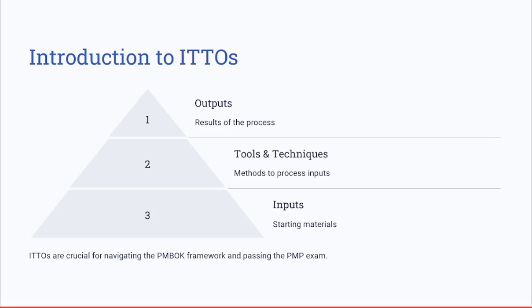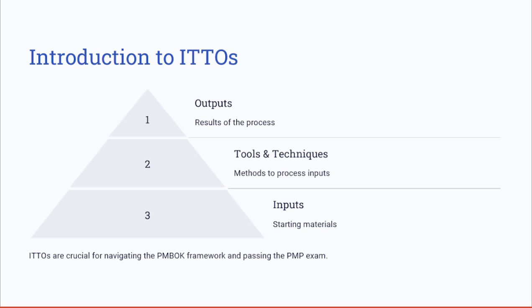Here are the key ITTOs, or the inputs, tools, techniques, and outputs. They are building blocks of PMP processes, as we've discussed earlier, and we have shown an example of what the ITTOs look like in the key processes and the key process groups.